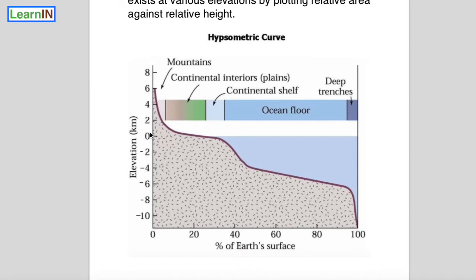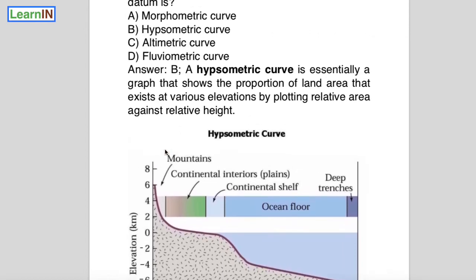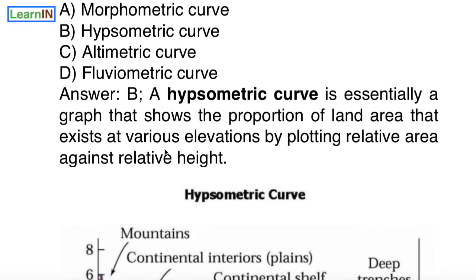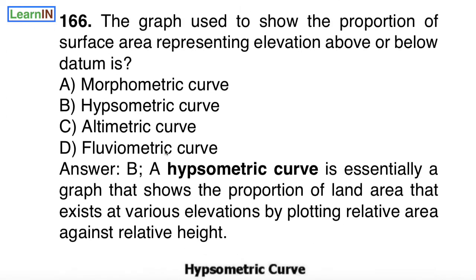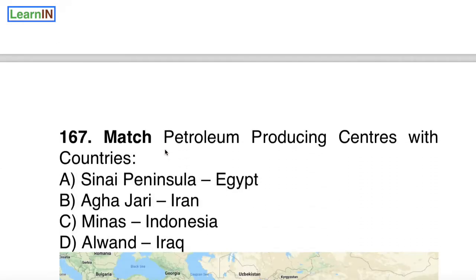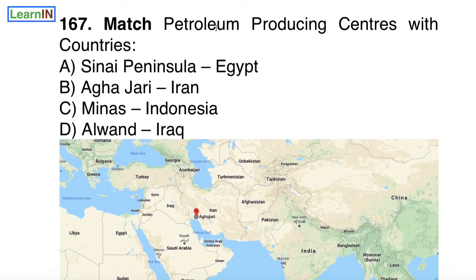So the graph between elevation and surface area, that curve will show the hypsometric curve. So the answer is hypsometric curve.